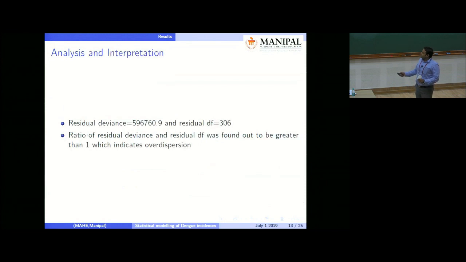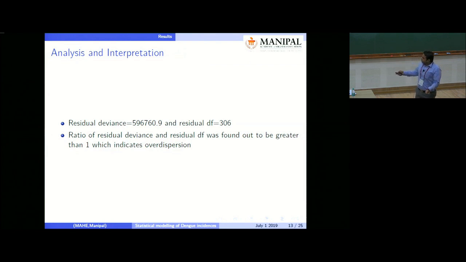But if we check the overdispersion, the main property of the Poisson model is that the mean should be equal to the variance. Overdispersion happens when the mean is less than the variance. To compute overdispersion, we computed the residual deviance and its degrees of freedom.